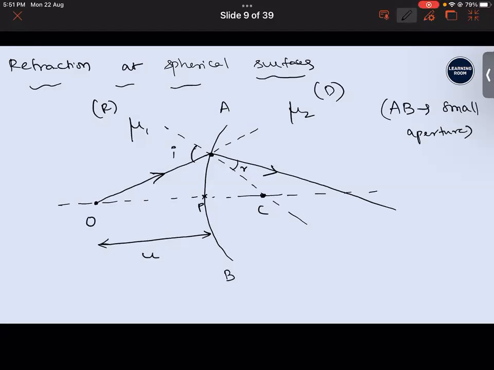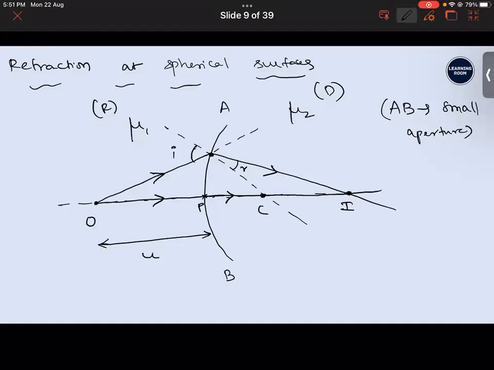See, if I consider the other incident ray along the axis itself, then what is the angle of incidence? Since it is 0, it passes through the principal axis without any deviation. So they both are going to meet at this point I. Is that point clear?